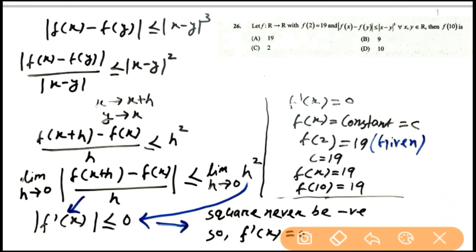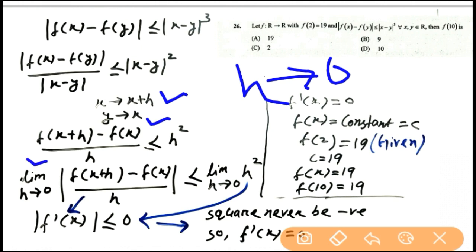Now put x equal to x plus h where h is very small, tends to 0. Then y equal to x. So now putting these, we will get f of x plus h minus f of x divided by h, which is less than or equal to h square.